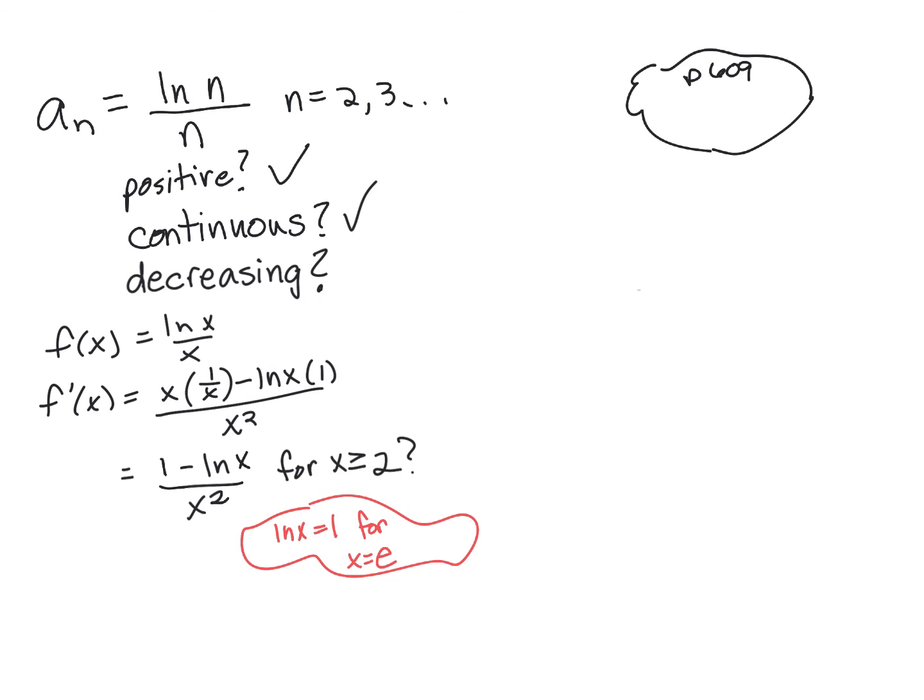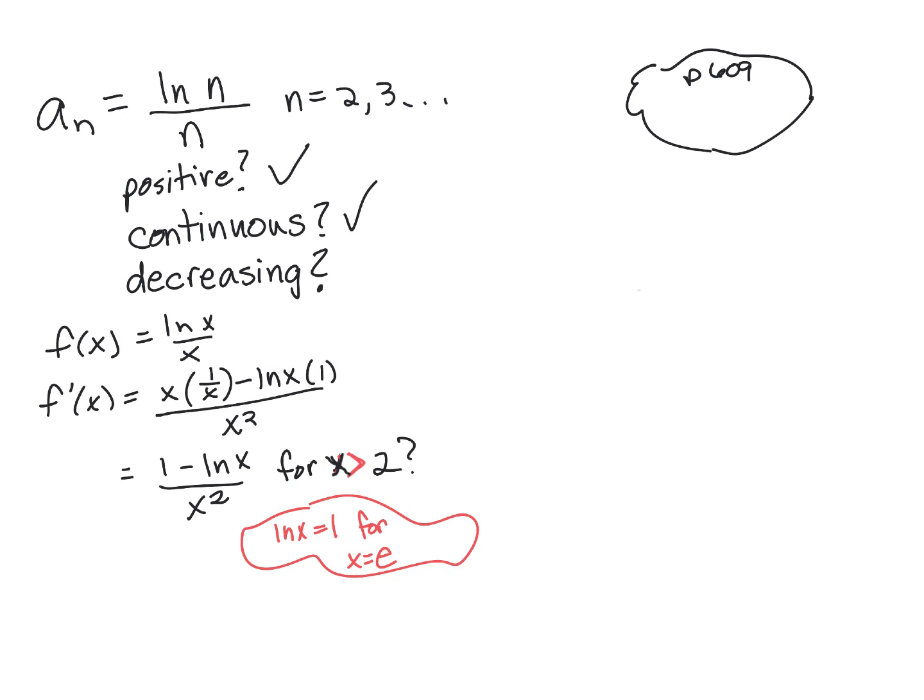So what we need to do is to go back and make this say, remember the note on page 609, doesn't matter where you start, and remember that n is an integer, so we can say for x greater than 2, because once x gets to be 3, or n is 3, this top is definitely a negative number, which means that it will be decreasing.